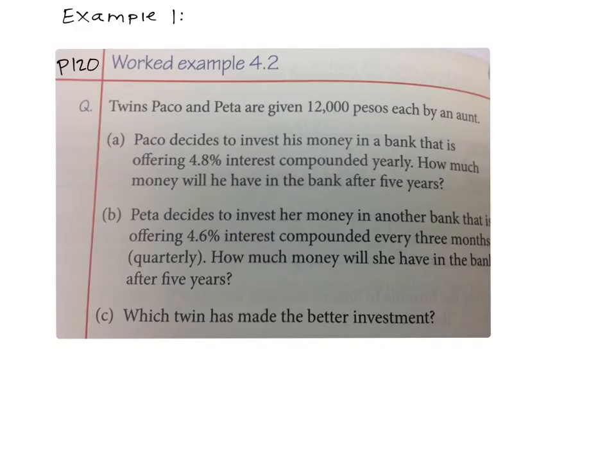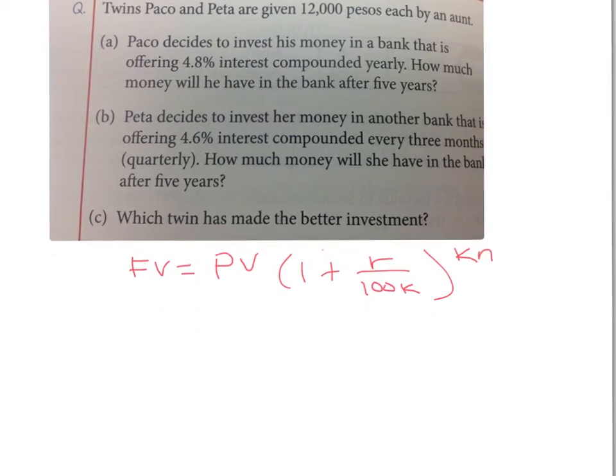Okay, so let's go ahead and look at an example. We're going to start by writing out our formula. Okay, so we are going to fill in what we know. We know that Paco starts with 12,000 pesos.